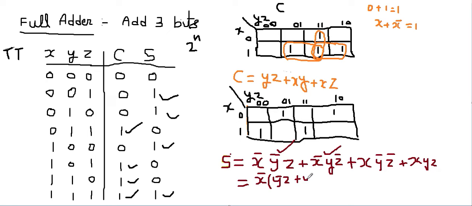This is y and this is z complement. And for this one we can take x common, and then we have y complement z complement plus yz.